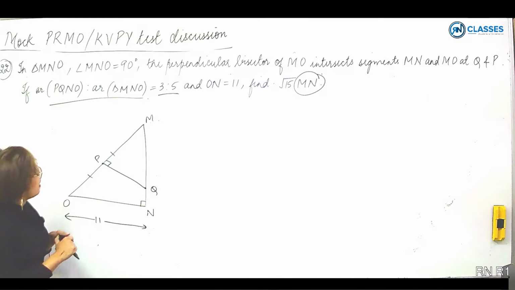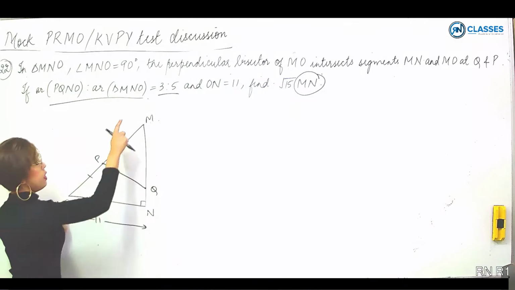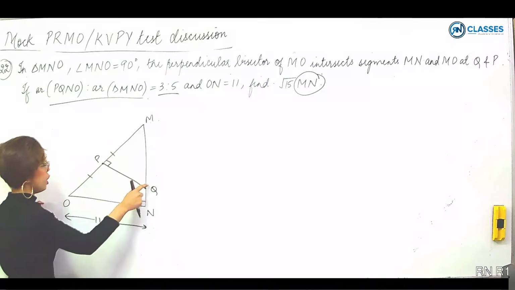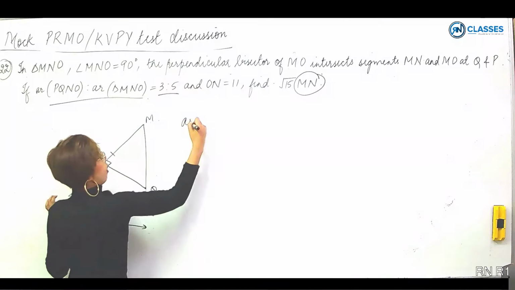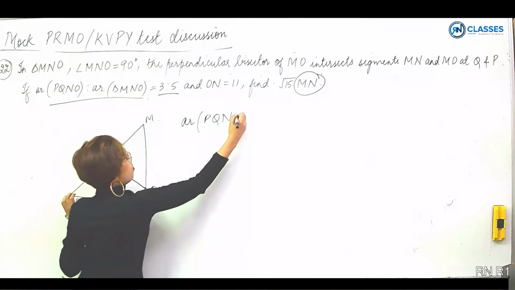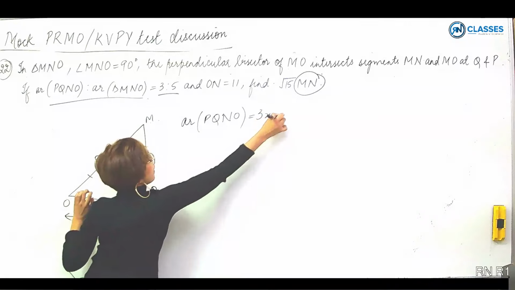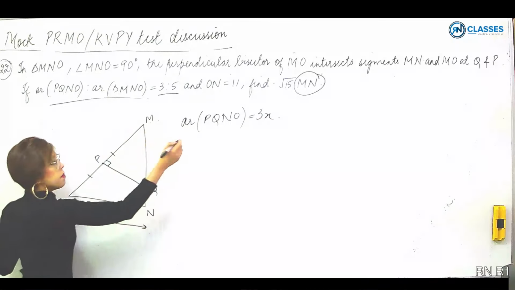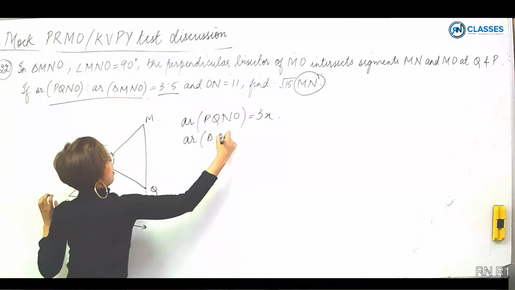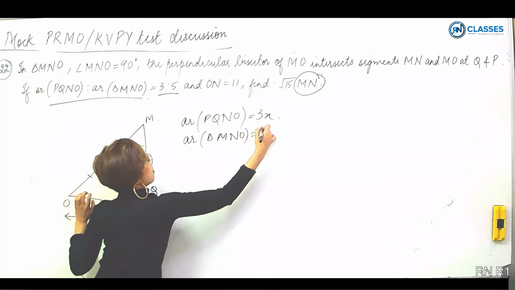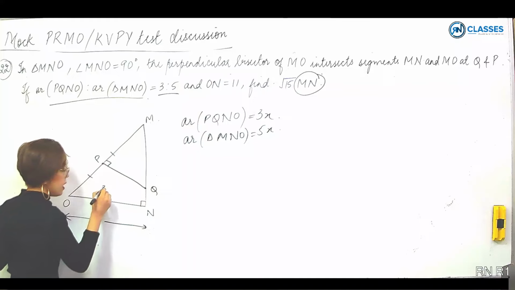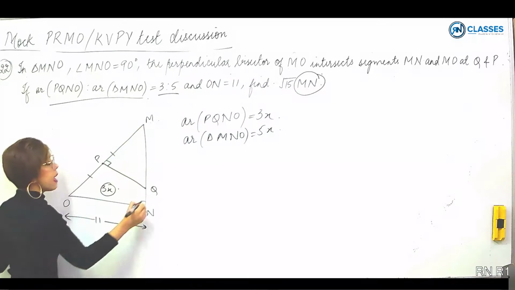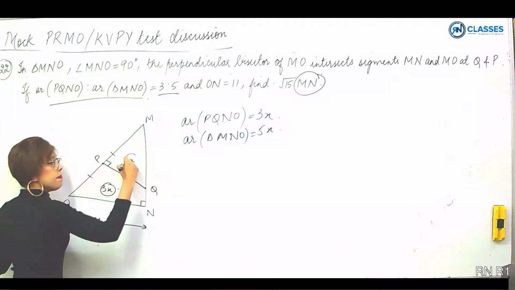How should we proceed? Now if it is 3:5, so if the area of PQNO is 3x, because the ratio is used here, then the entire thing would be 5x. So the area of triangle MNO is 5x. So this is 3x area and the entire is 5x, that means this is 2x.